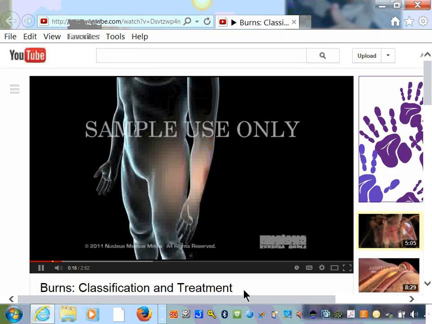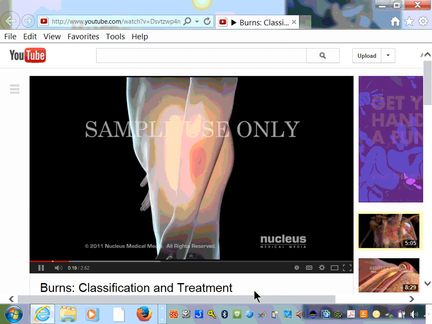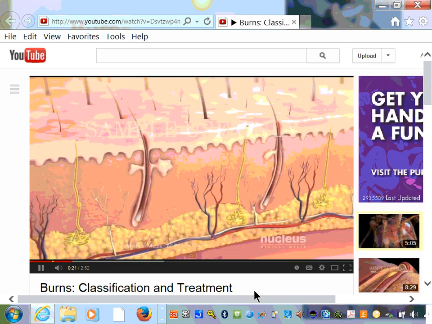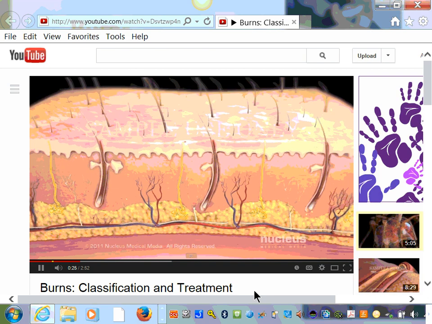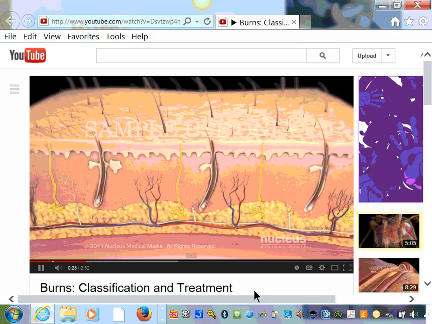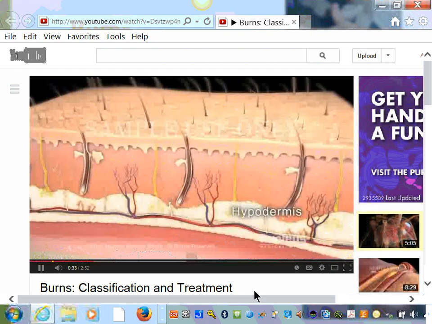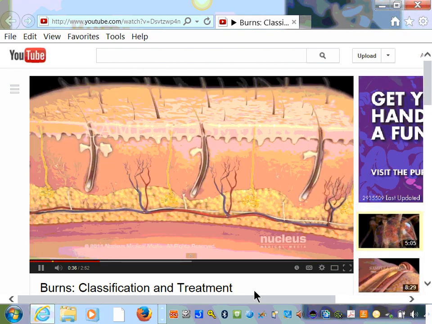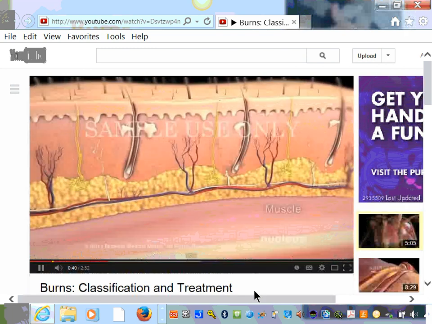Burns are skin injuries caused by heat, chemicals, electricity, or radiation. Your doctor will recommend treatment based on the size of your burn and the layers of skin the burn affects. Your skin has 3 main layers, the epidermis, the dermis, and the hypodermis, or subcutaneous layer, with blood vessels and nerves. Beneath the skin are tissues such as muscle and fascia.